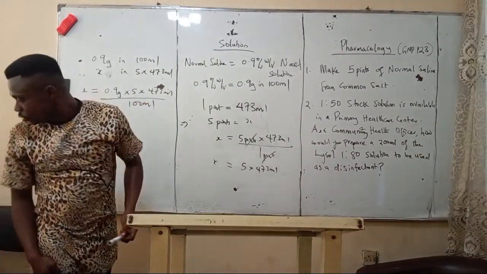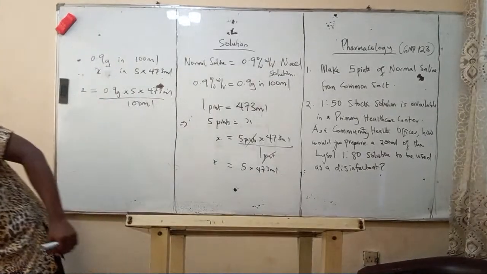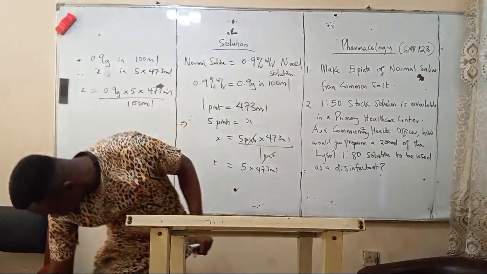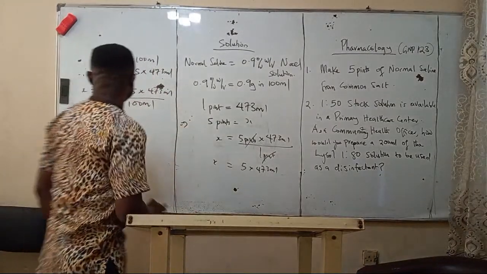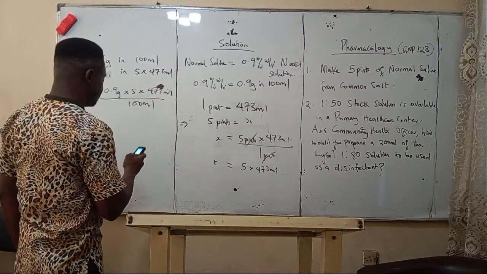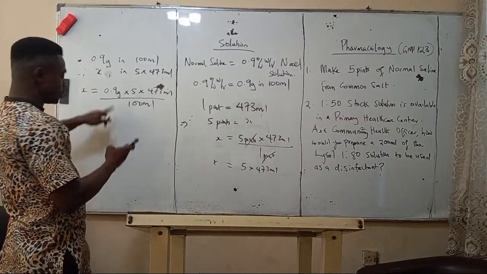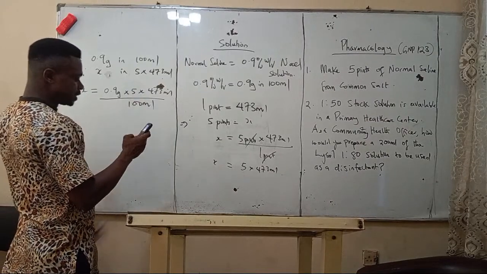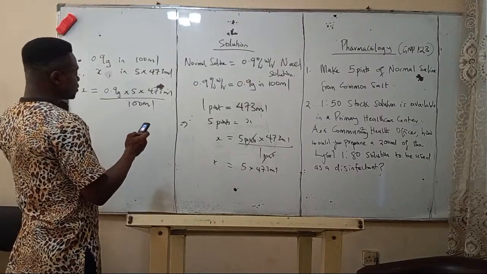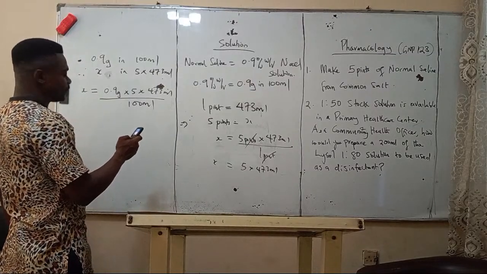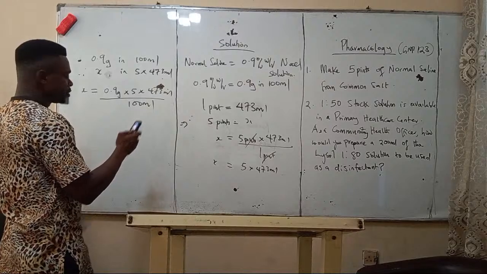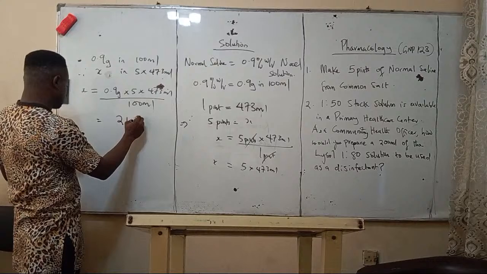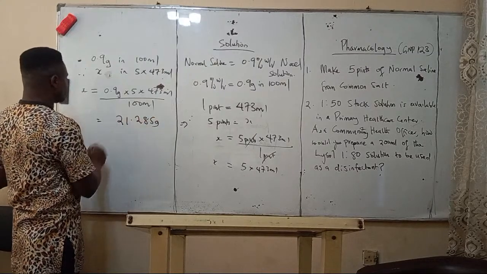To avoid wasting time, I will punch my calculator. 0.9 times 5 times 473 is 2128.5, divided by 100. So we have 21.285 grams.